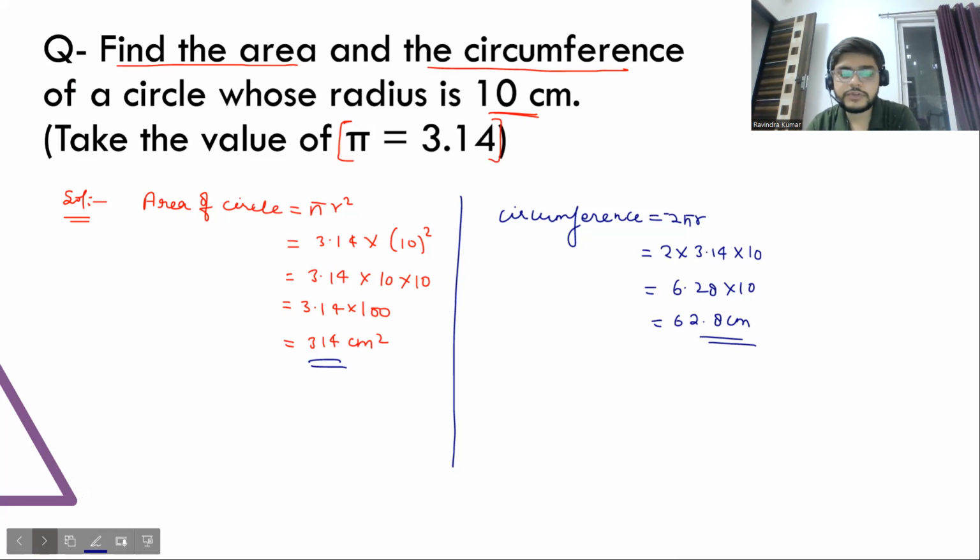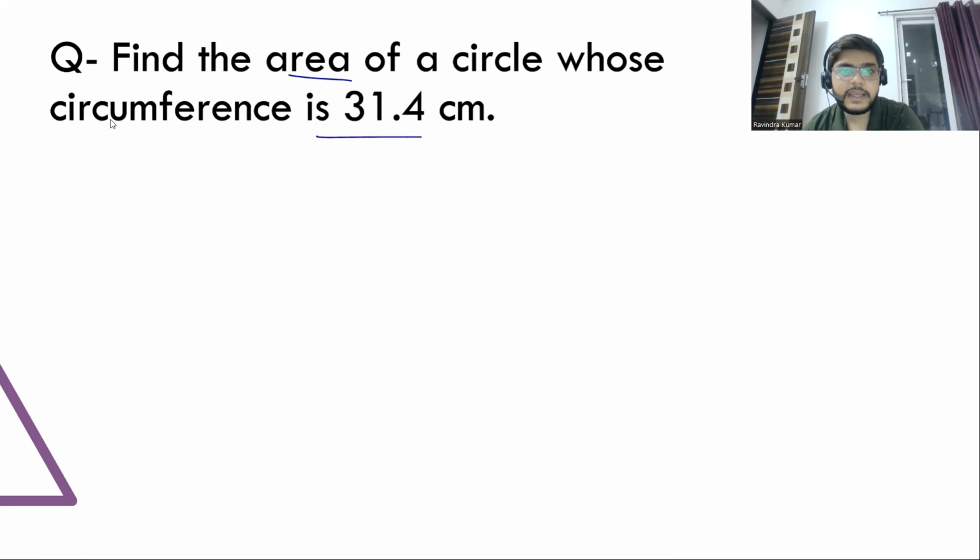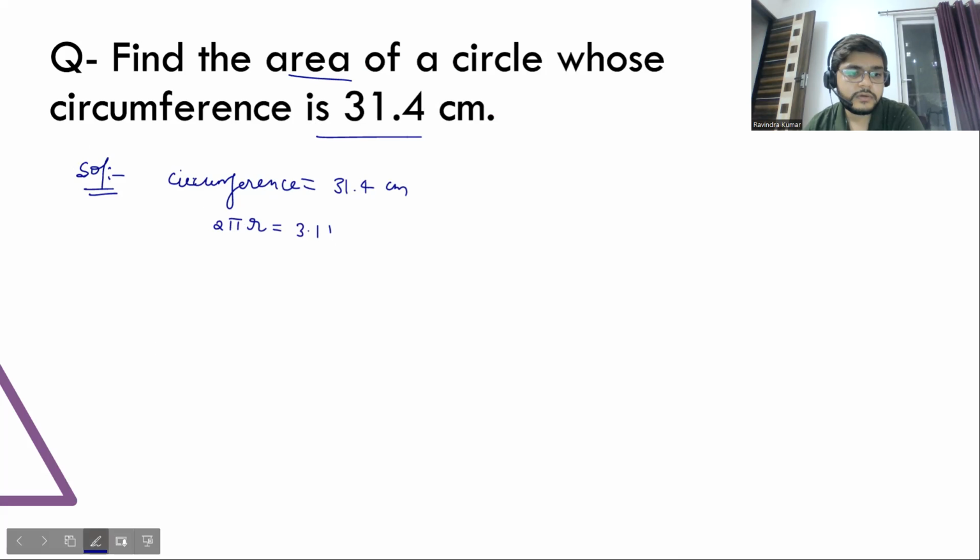Now I'm giving you another question, so let's have a look and try to solve it. Here we have to find the area, and the circumference is given to us. The circumference is equal to 31.4 centimeter, and we know the formula of circumference is 2 pi r, so 2 pi r is equal to 31.4.